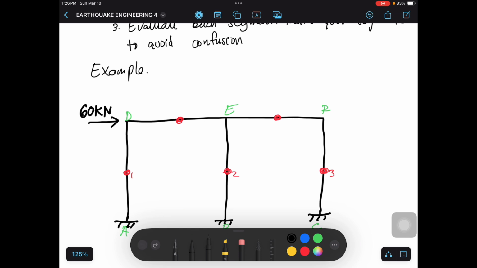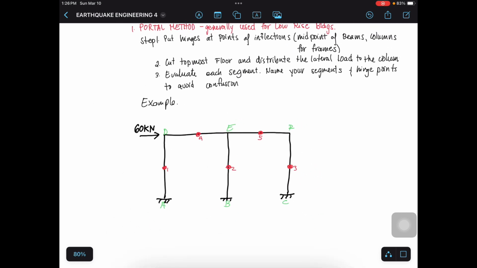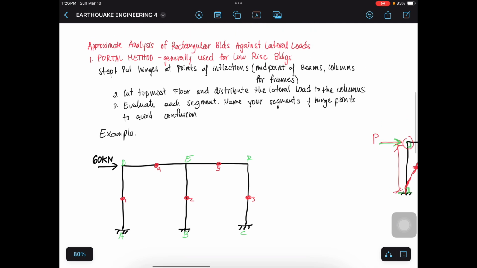Length of column is 8 meters. Length of beam is 10 meters. So, yan na yung mga point of inflections natin.